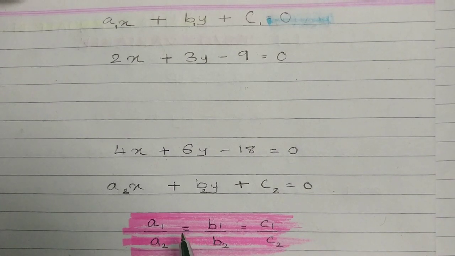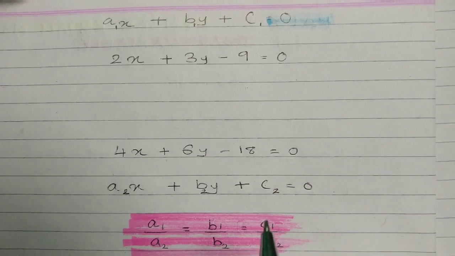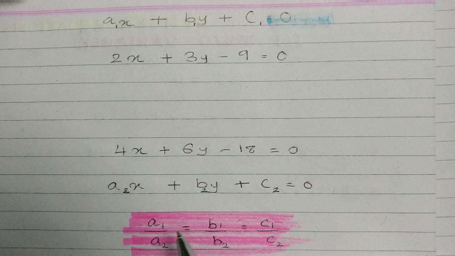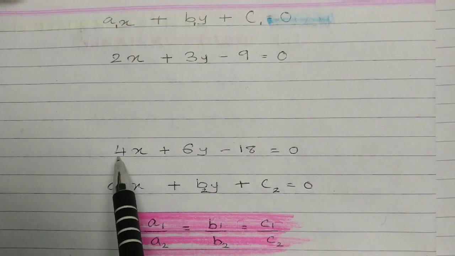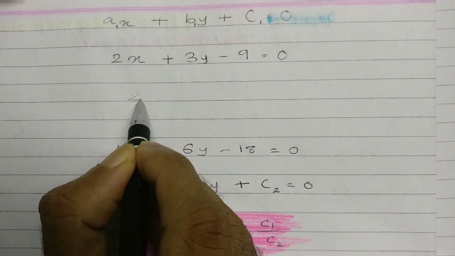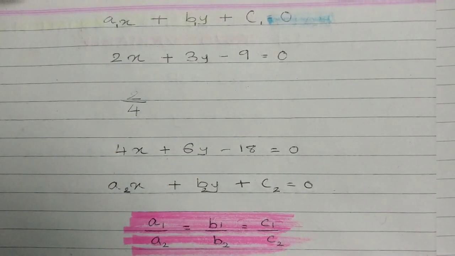The values of a1. Now if you look in this case, a1 is 2. Similarly upon a2, which is 4. So I will get something like 2 upon 4. Now I will look at b1 and b2.